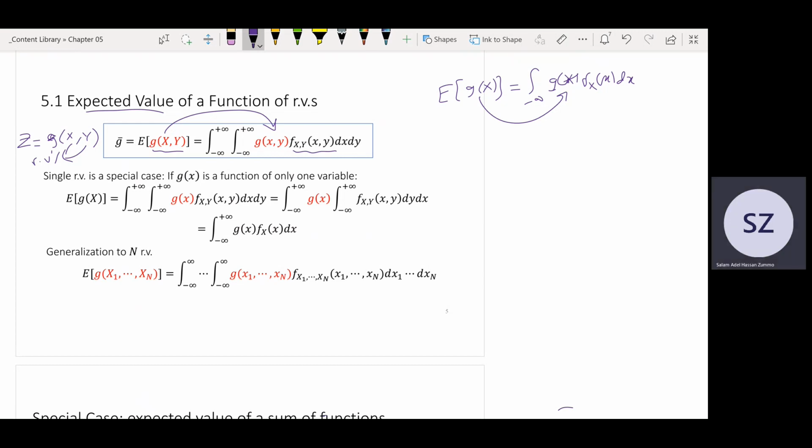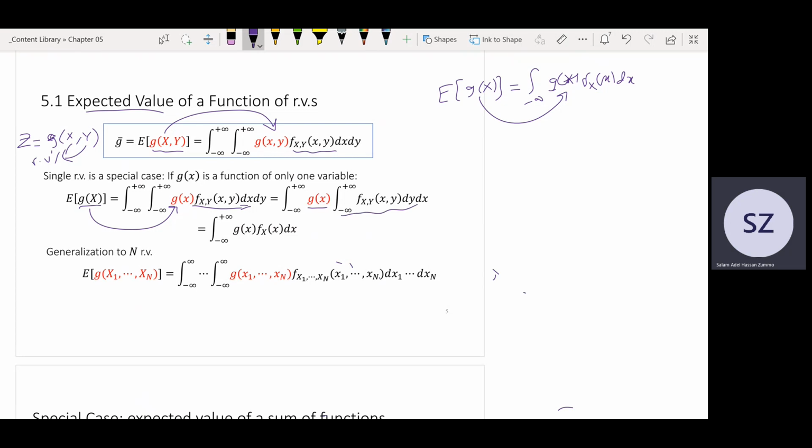Now we can see that the single variable case, what we've done before, is only a special case. Let's see the expected value of g of x. Now, if I have a function of x only, and I have the joint PDF of two variables, x and y, then I put this next to the joint PDF. Okay? However, the integration with respect to x is the most important part, because y I can just separate it. So I can integrate with respect to x and with respect to y.